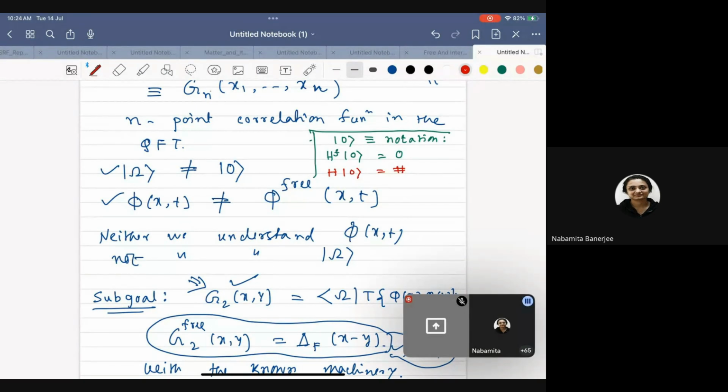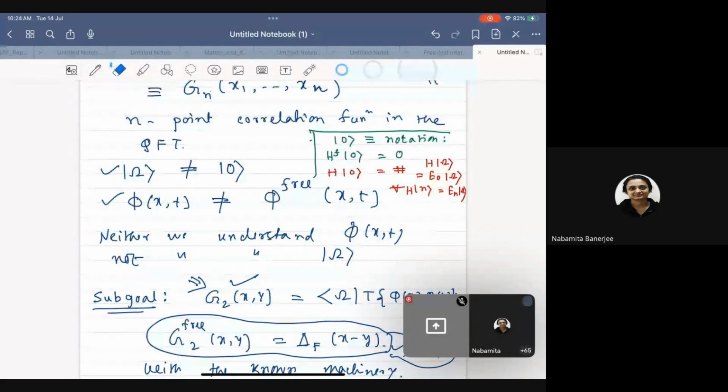But I want to define the Fock space with respect to a state which has this property: H on Omega equals some E naught times Omega, where E naught can be 0 also, but such that for every other energy eigenstate, H on n equals some E_n times n, such that E_n is always greater than E naught.